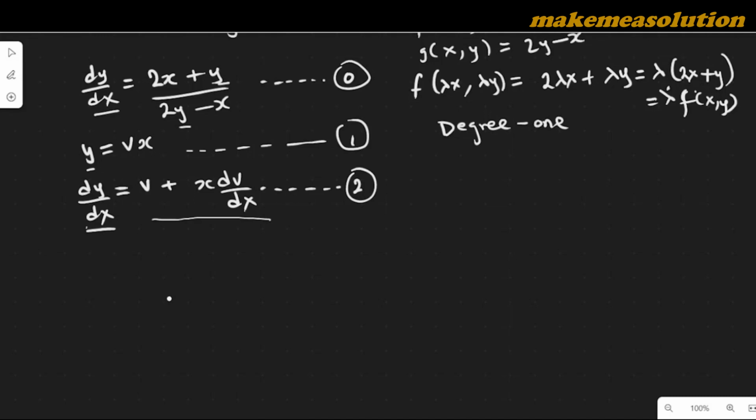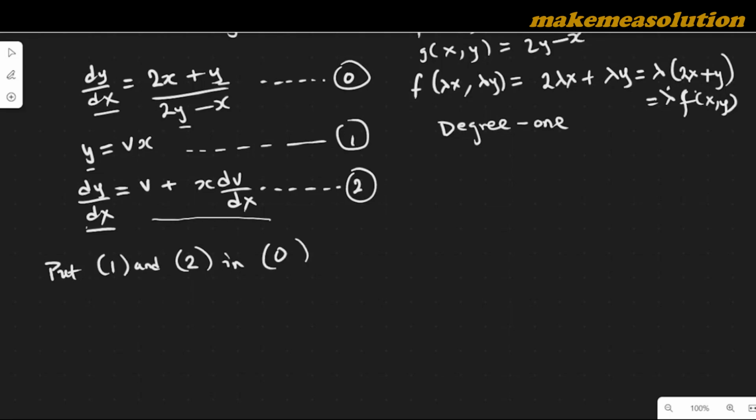Vx. Now we'll do that and see what happens. So from equation 0, this is how I normally say it. So put equation 1 and put equation 2 in equation 0 like this.